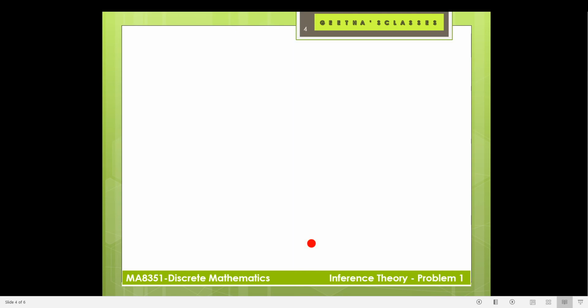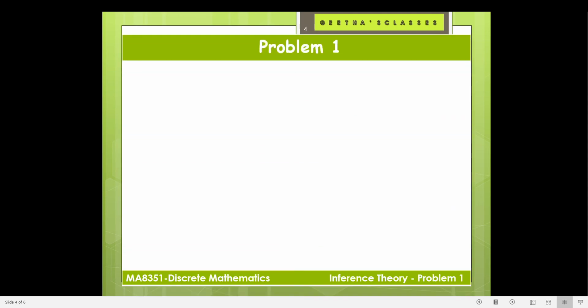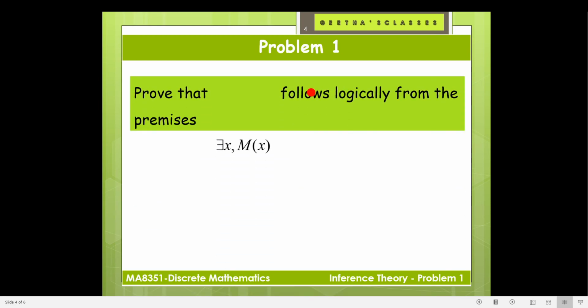Next, we are moving into problem number 1. Prove that there exists x M of x follows logically from the premises: for all x, H of x implies M of x, and there exists x H of x.